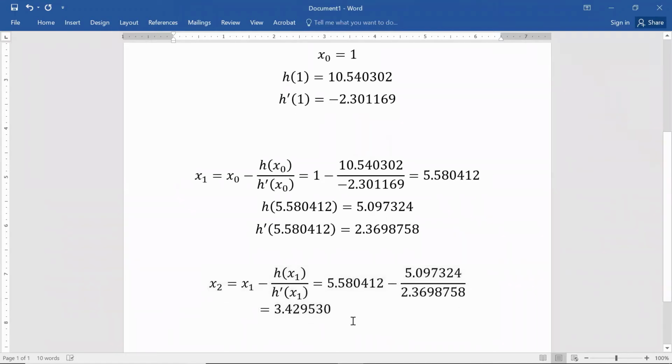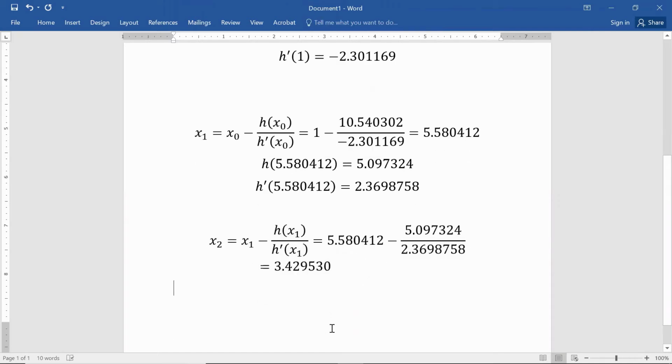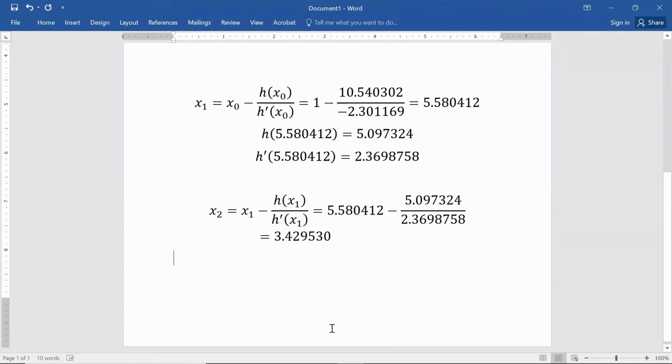And you think, well, that's another number, so let's do it again. Let's give another iteration. All right, in this case, I go h of x2, I'm not going to write the number out there, h of 3.42 approximately gives us 1.852598.